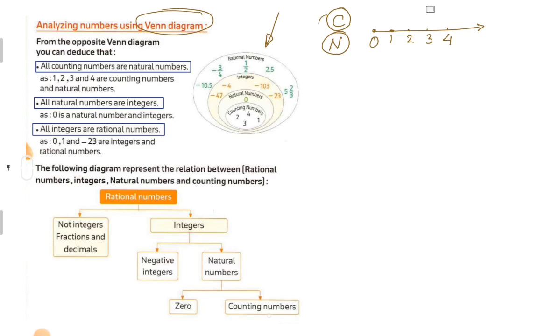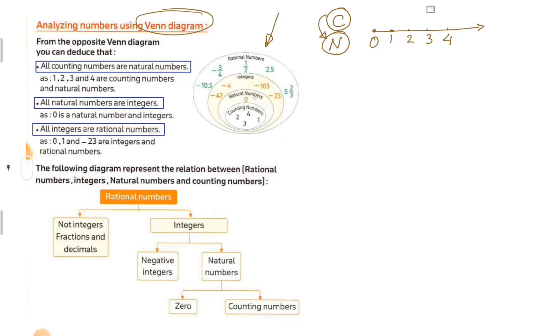So all counting numbers are rational numbers. In the Venn diagram here we find counting numbers, the smallest circle: 1, 2, 3, 4. If I add 0, I get a bigger circle called natural numbers.